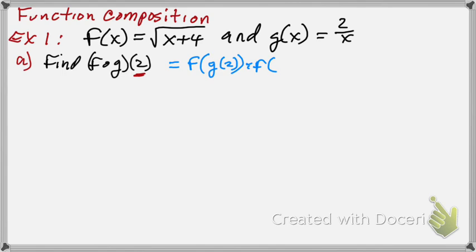2 over 2. Right. So now I'm sending a 1 to f. It's just chaining along. If I send a 2 to g, g sends me back a 1. I send that 1 to f, and f gives me what? Let me do this.